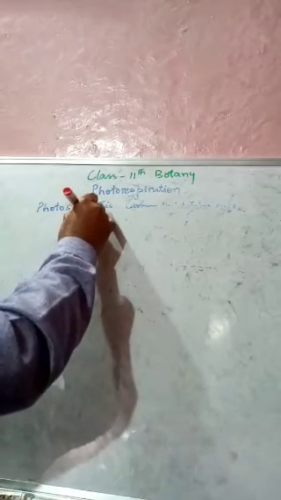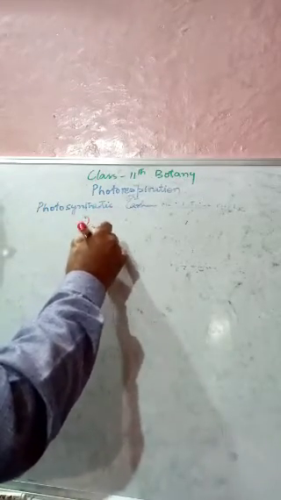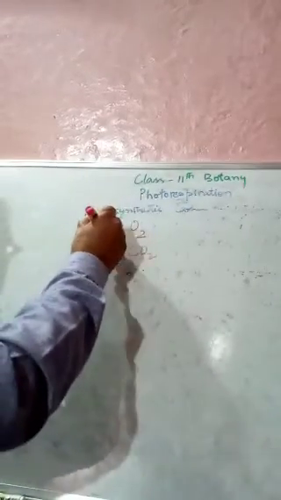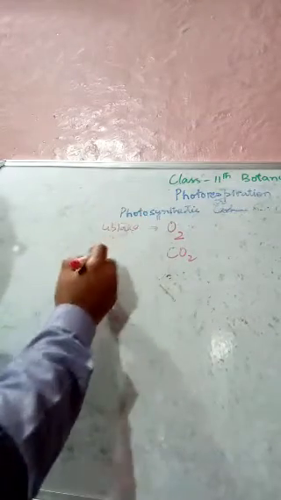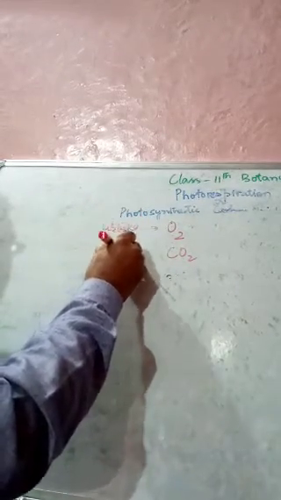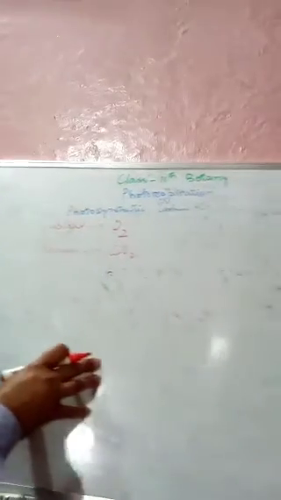Now, what actually happens in photorespiration is the uptake of oxygen and the release of carbon dioxide in light.